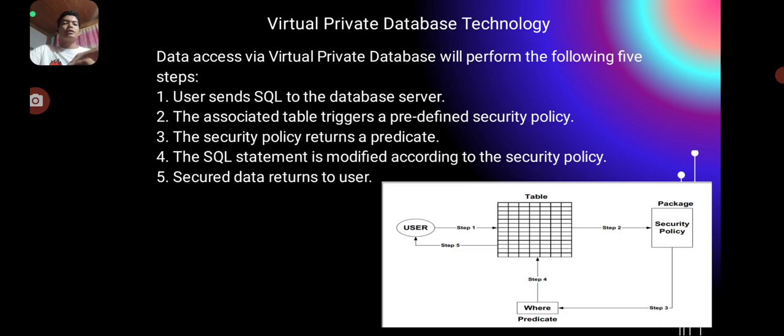And next, the SQL statement is modified according to the security policy, and the last step is that secure data returns to a specific user. So this is the schema of the process of the virtual private database method.